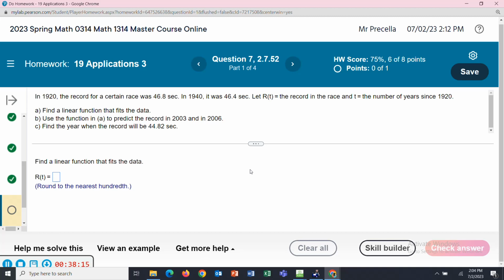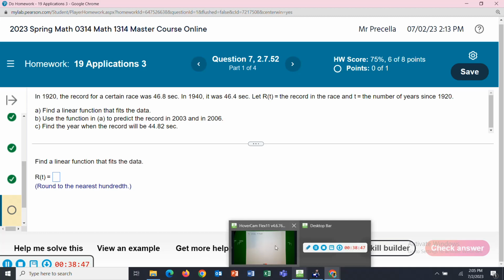In 1940, it was 46.4 seconds. Let R of t, the y value, be the record in the race, and t is the number of years since 1920. So let me just summarize this. It's on problem 7. In 1920, the record was 46.8 seconds.